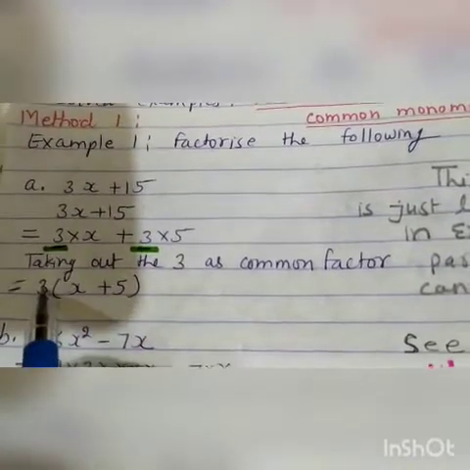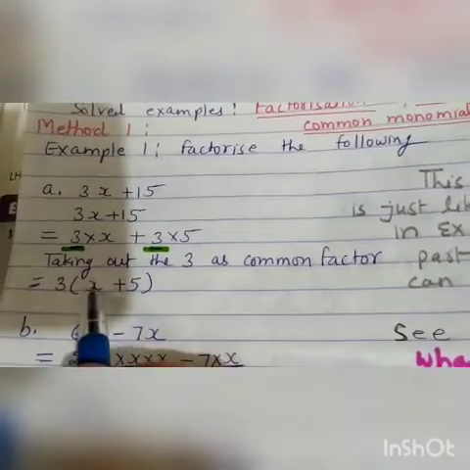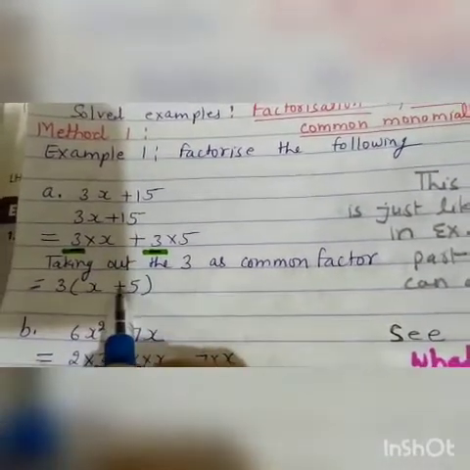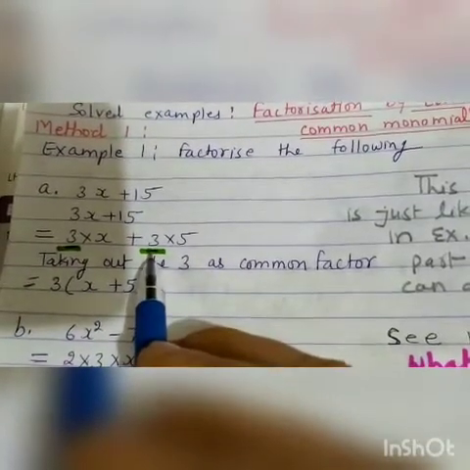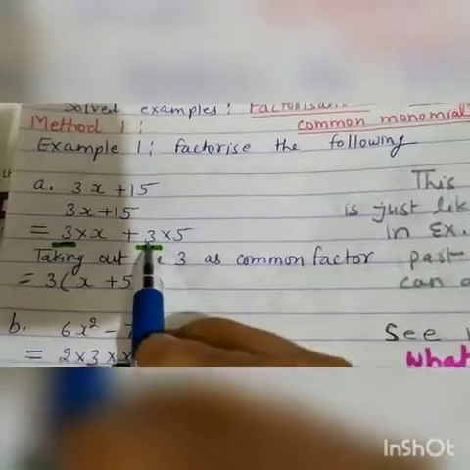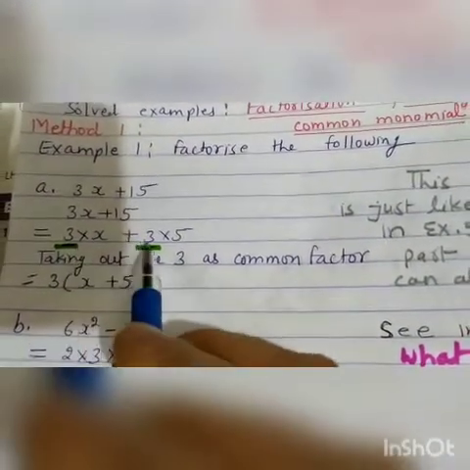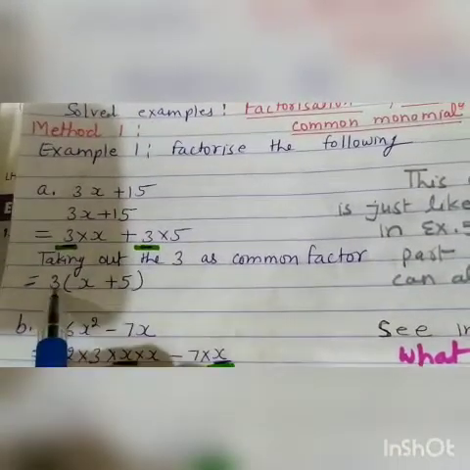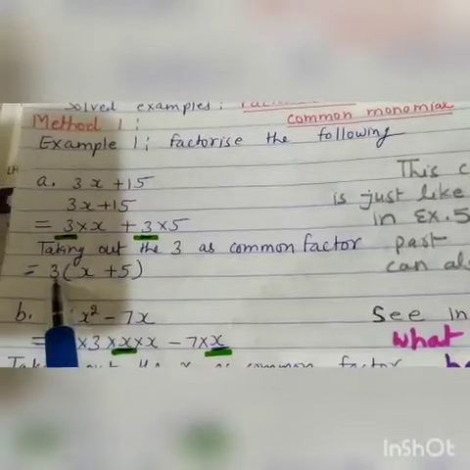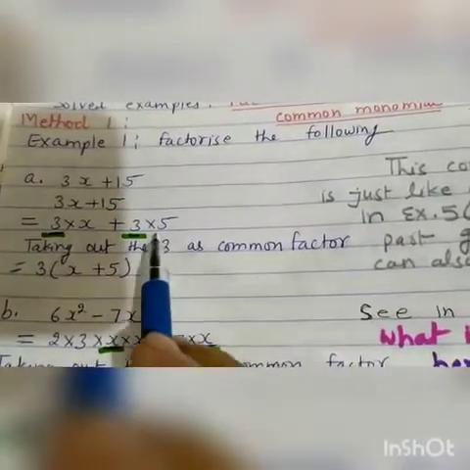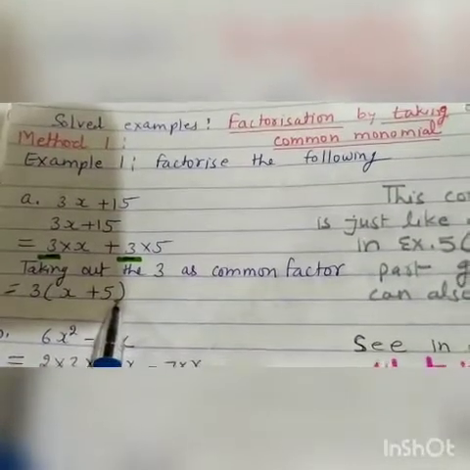If we write this 3 here, then x is left, so we will write x here, then plus. This 3 is also here, but we will write only one 3 as the common factor, so this 3 will be considered this one. What is left here? Plus 5.